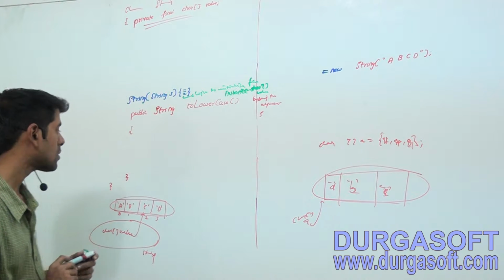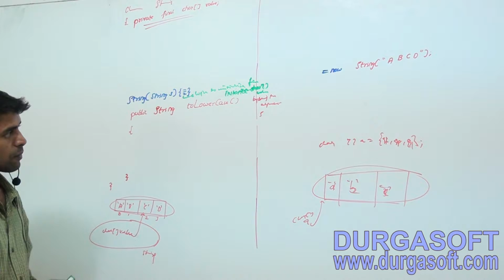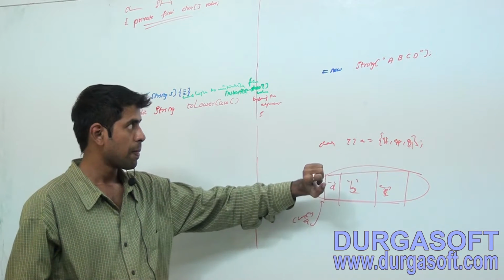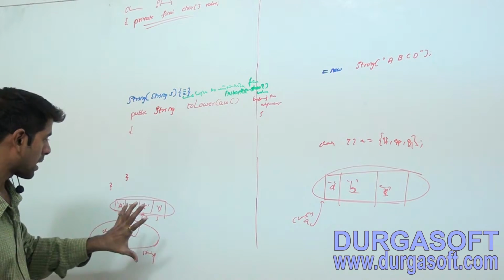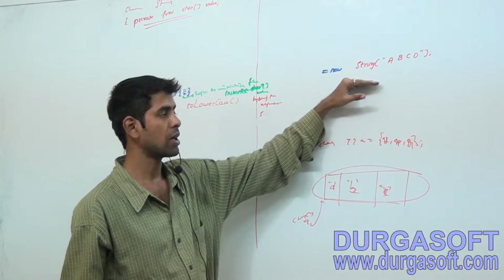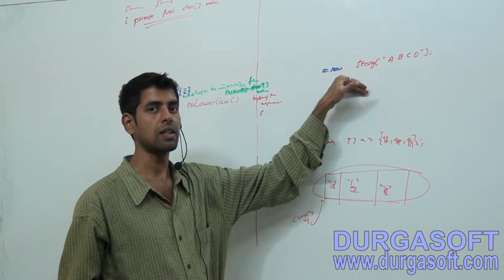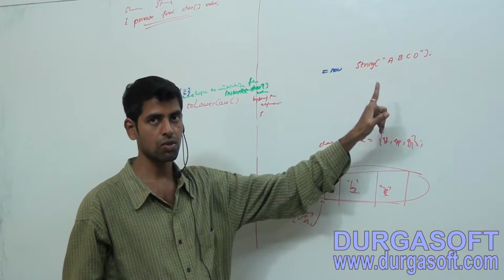Okay, now this is the memory representation for this particular object creation of the String class.